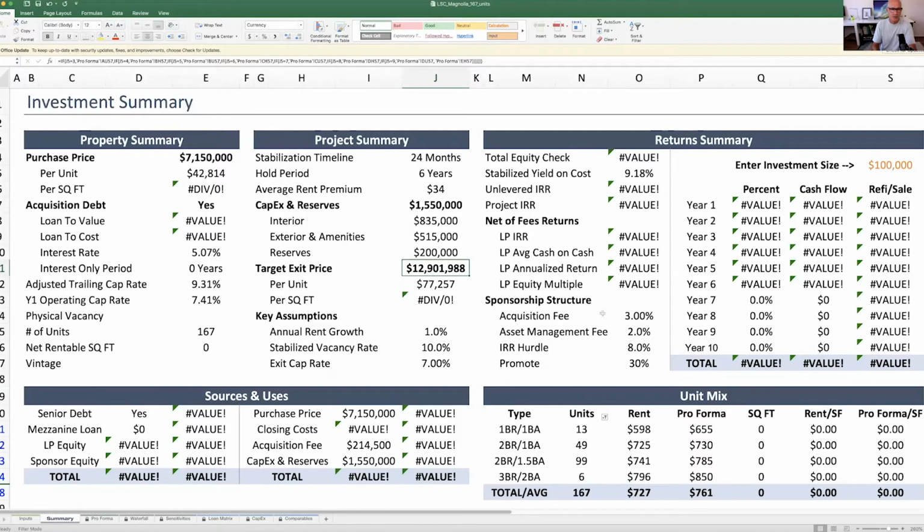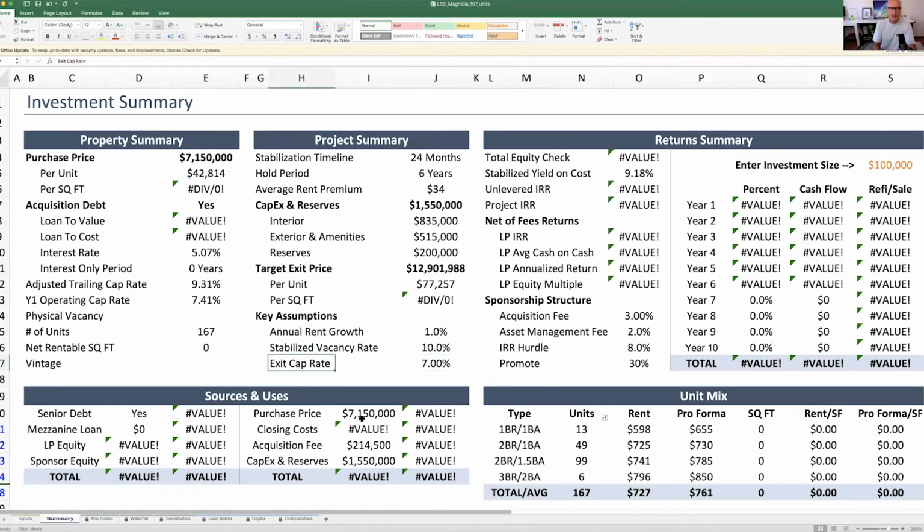Now, this is an actual deal that we did just at the end of last year. Just want to make note, this is the targeted exit price. And remember, the way you get your targeted exit price is you divide your net operating income, your NOI, by your cap rate, right?